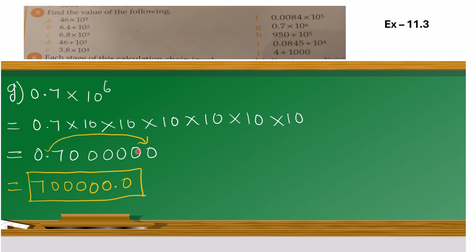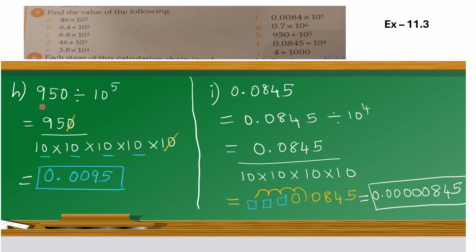We have to move the decimal point. Here, check the question, after the decimal point, we have only one number. Only one place is there. So we have to move the decimal point. From the last, leave one number and keep the decimal point. So the answer is 700000.